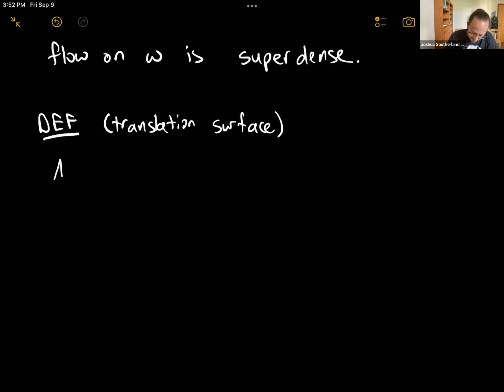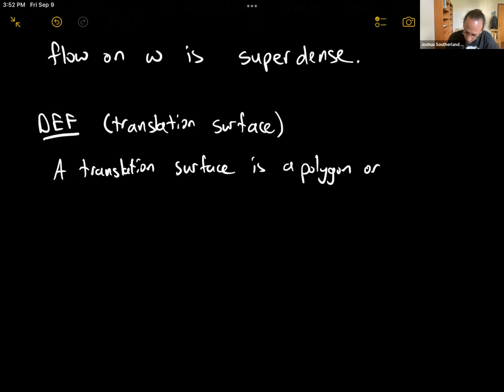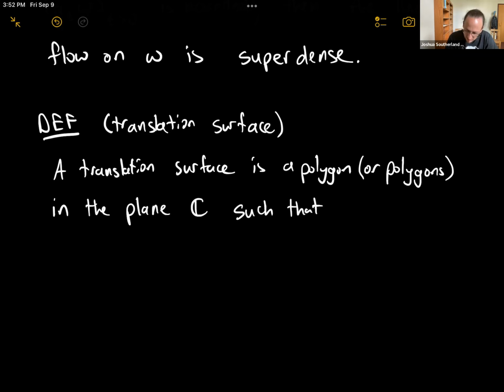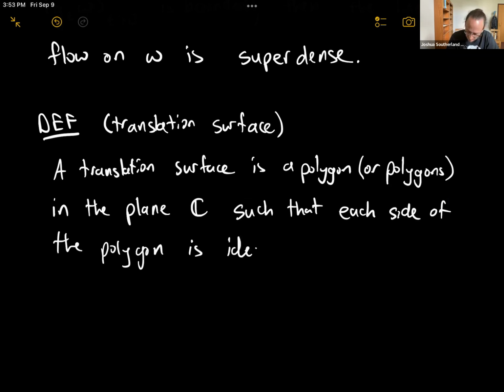So first, let's define a translation surface like this. A translation surface is a polygon or polygons in the plane C such that each side of the polygon is identified to a parallel side.